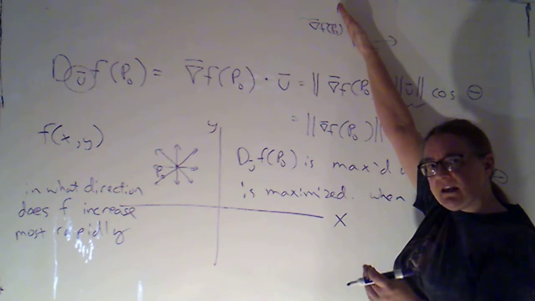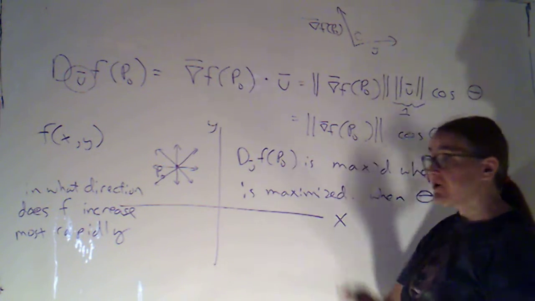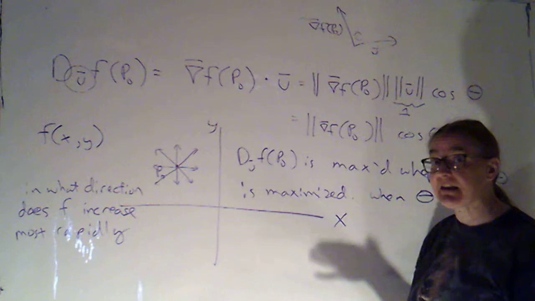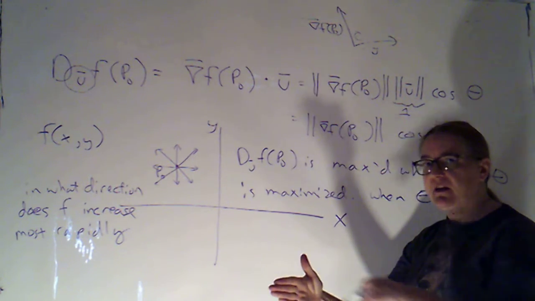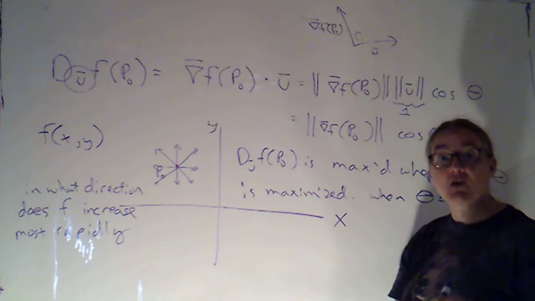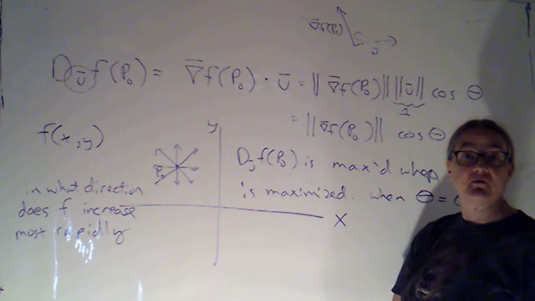The gradient is a vector in the domain. The domain of my function is in 2 space, so the gradient is a vector in 2 space, but it points in the direction that I would need to go within the domain in order for my function to increase most rapidly.